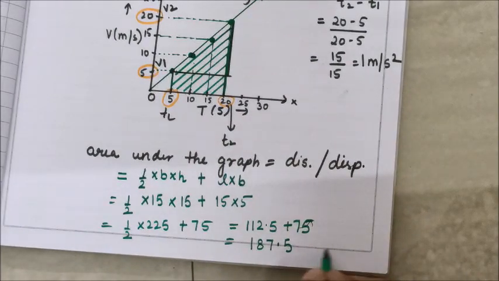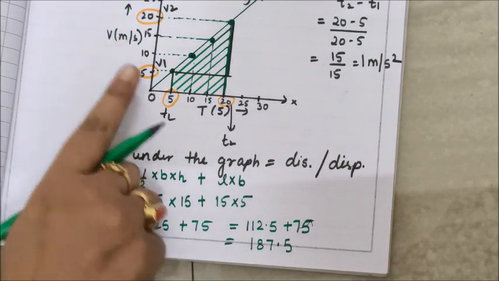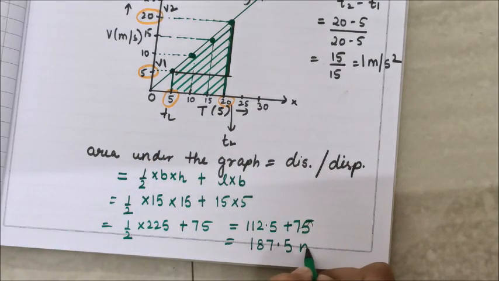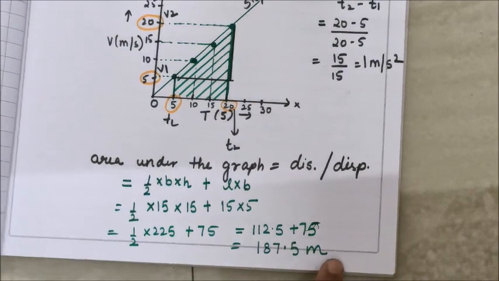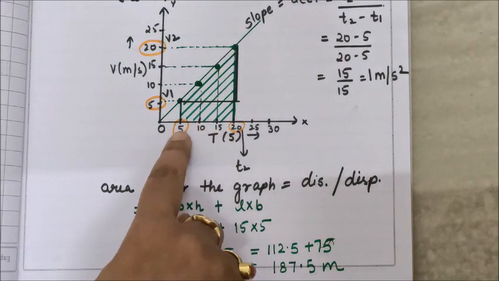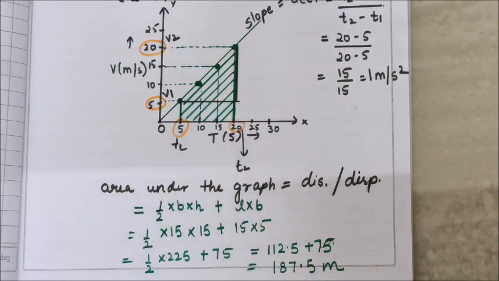Here, since we are given meter per second and second, we can write this area as 187.5 meters. So this much displacement has been covered by the object from the time interval of 5 seconds to 20 seconds.